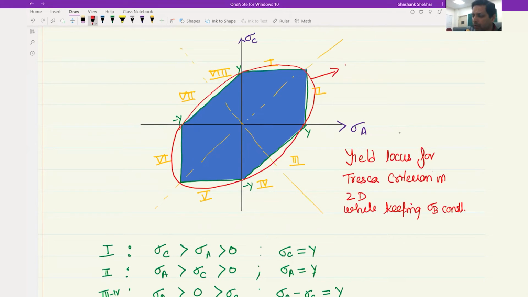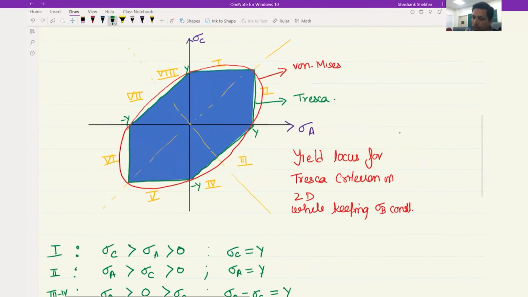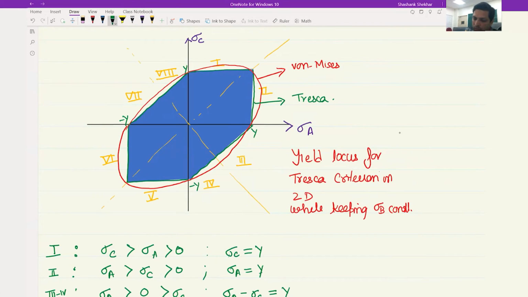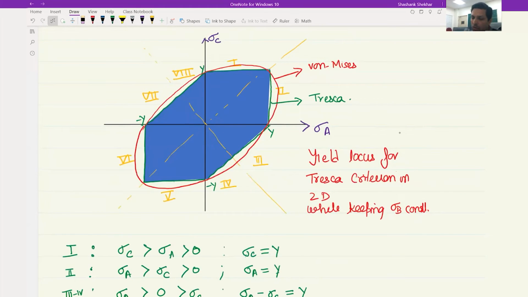So the red one is for the Von Mises and the green one is for the Tresca. So the greatest difference occurs along this line and along this line. And they are the same values at 1, 2, 3, 4, 5, 6 different points, which clearly shows that both the criterions are not very far off. So both of them are very close to each other, which means both of them are fairly accurate descriptions of yielding condition.